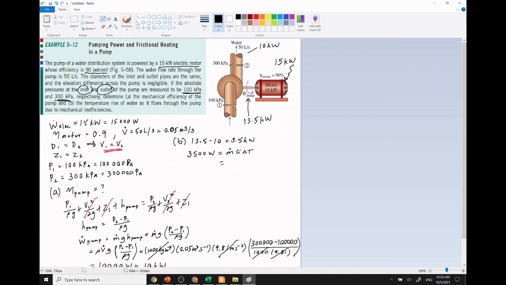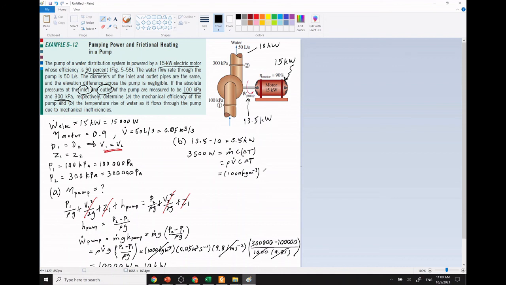C is the sensible heat of water, the sensible heat coefficient. Then we have the difference of temperature, which actually refers to the rise of temperature in the water. Alright, so rho is 1000 kilogram.